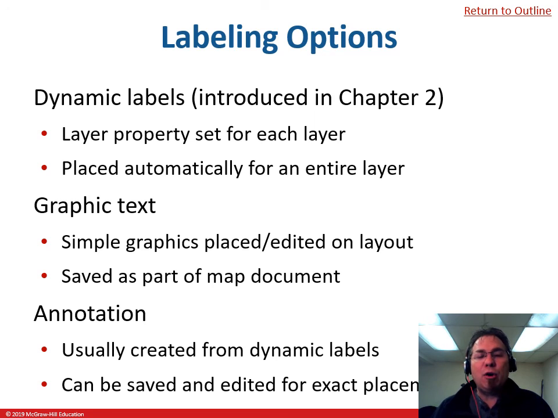And then you have what are called annotation, which are built from dynamic labels. The beauty of those is that you can save them to reuse them, and you can place them exactly where you want them. I use them quite a bit because in my case, most of my maps don't have a lot of labels, and this allows me to drag them right to where I want them.